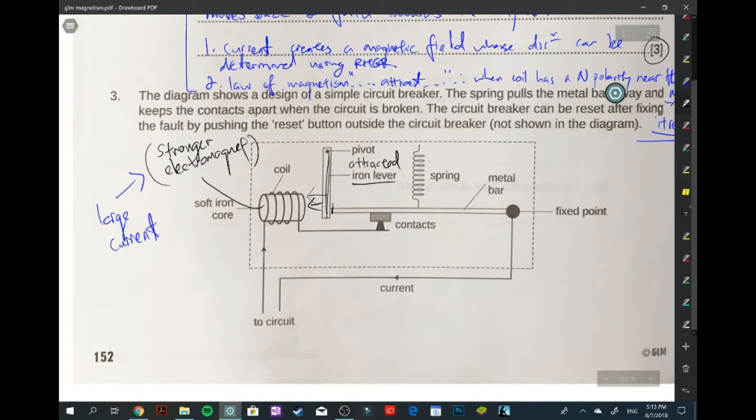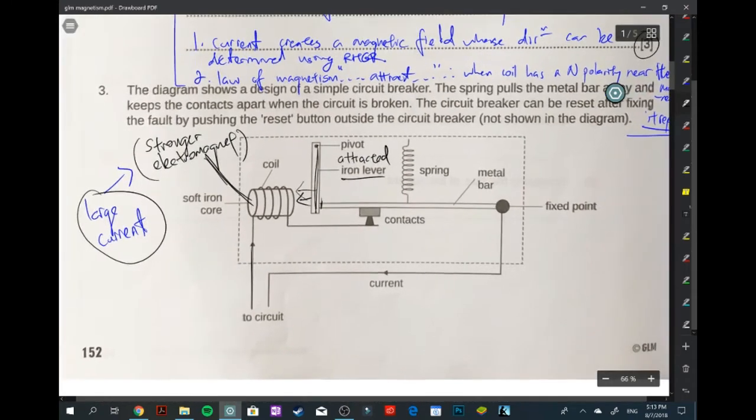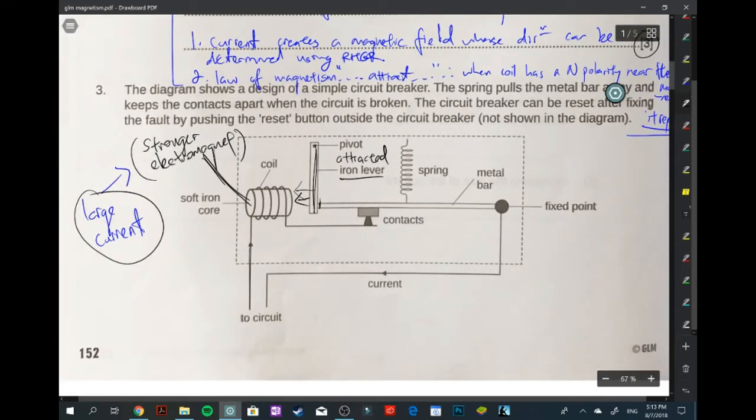Whenever there's current flowing through this soft iron core, it becomes an electromagnet. However, when a large current flows through, it becomes a stronger electromagnet, and this iron lever here will be attracted to the coil.